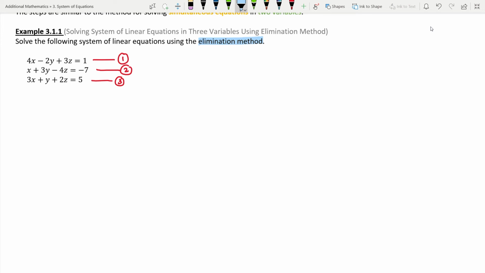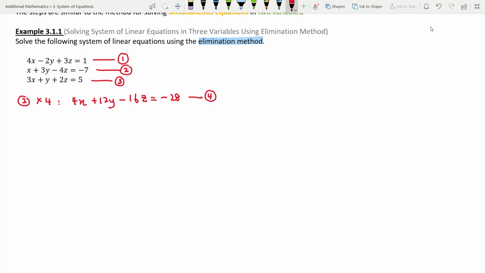Therefore, I need to multiply equation 2 by 4 in order to eliminate the variable x. Equation 2 times 4, we get 4x plus 12y minus 16z is equal to negative 28. We let it be equation 4.